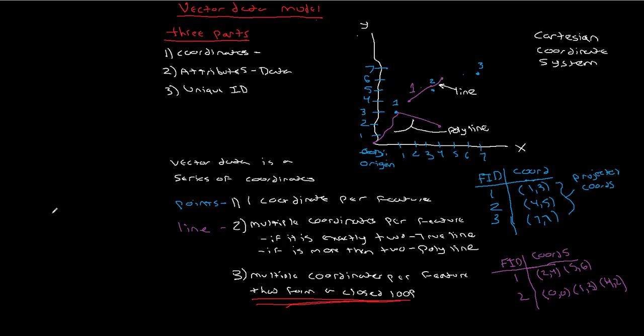So we have our FID just like before. We have our coords just like before. I'm only going to do one example just because we have a lot more coordinates to deal with.